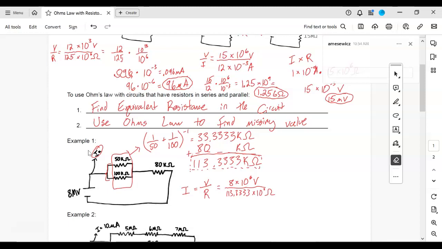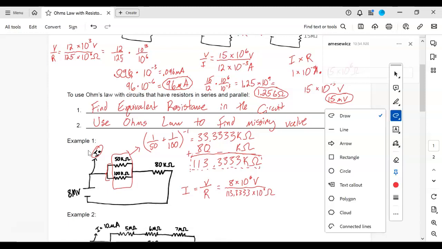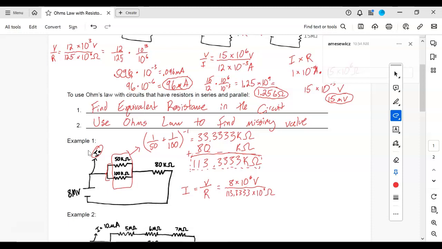Now, for this one, if you divide this, because it's 8 divided by 113, you're going to get a really small number. And so with this 10 to the positive 6 and this 10 to the 3, it's actually, for this problem, a little bit easier if we just type the real number in the calculator itself. So to do that, we would do 8 and then times 10 to the 6. Remember the decimals here: 1, 2, 3, 4, 5, 6.